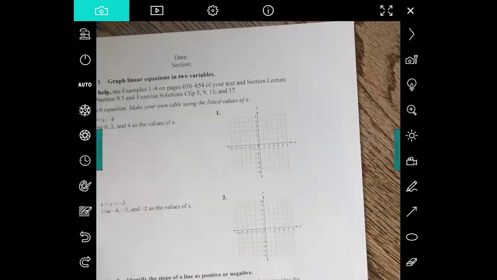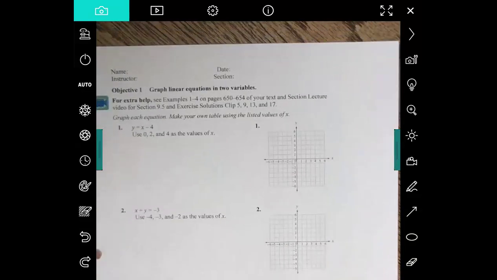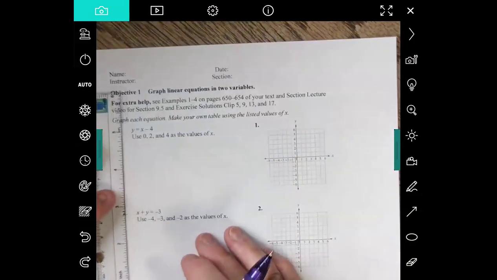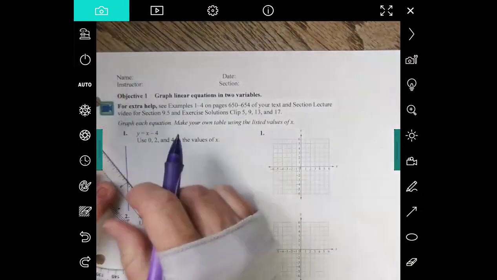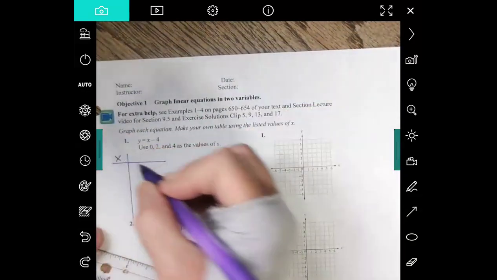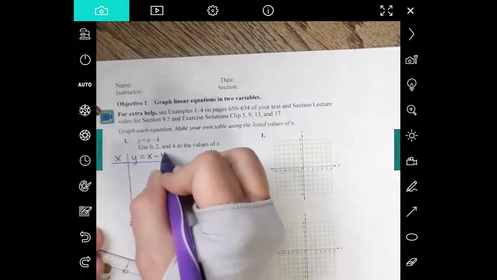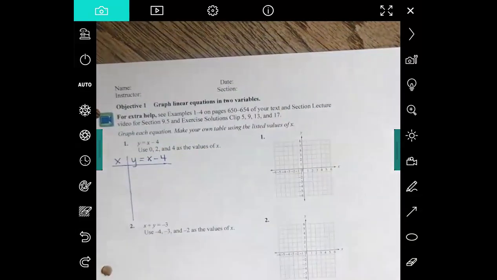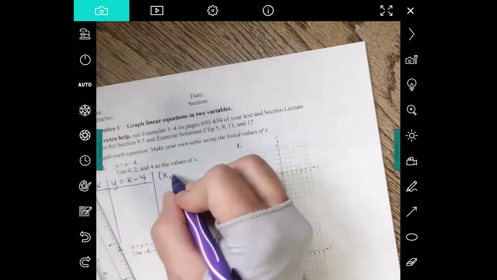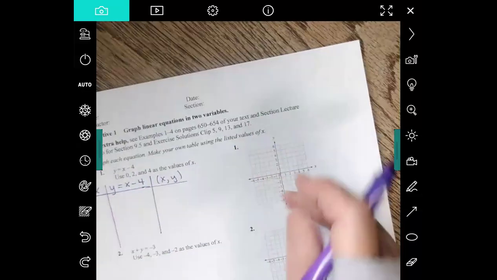Okay, use these points as the values of x. All right, so I'm going to do a modified table because I think you guys are ready for it. Here we go. We're going to do x and y, which is x minus 4, and then we're going to put our point, xy. So I'm taking a little bit off of the original table.